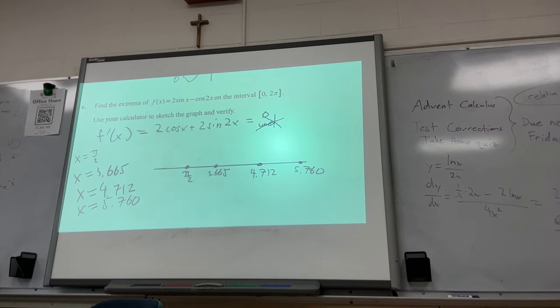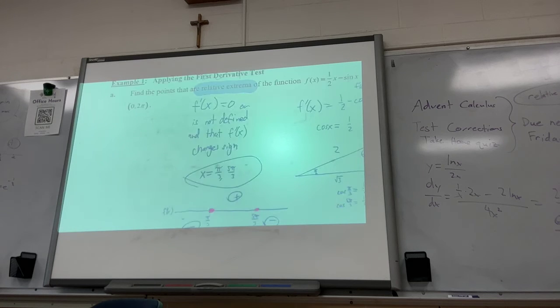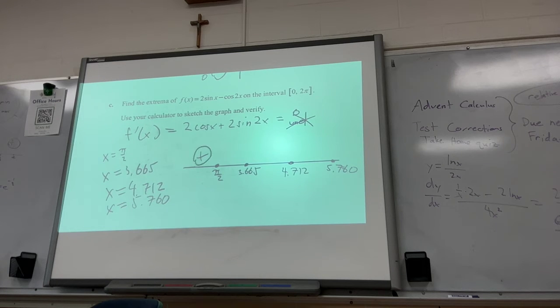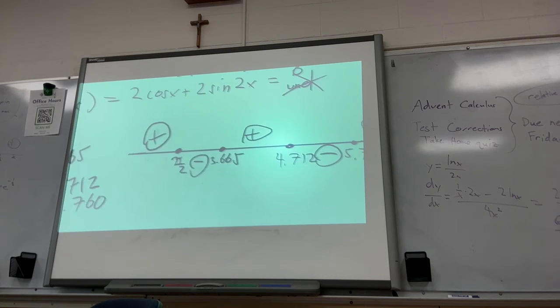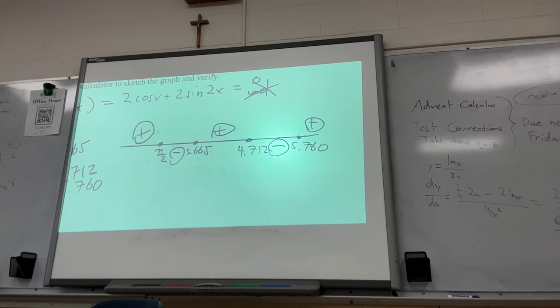It's going to be positive here, negative here, then positive, negative, and then positive. I had it graphed on my calculator, so I kind of cheated. Which of these four are going to be extrema? All of them, because the sign changes at all of them.